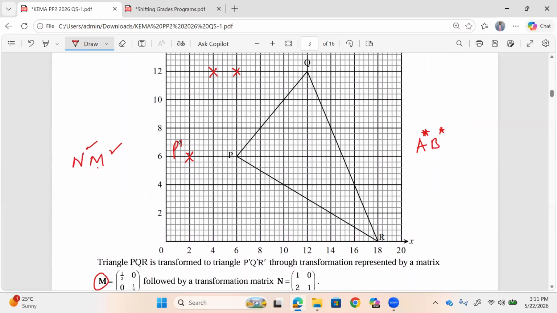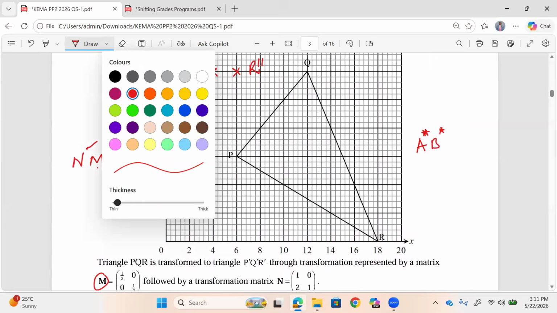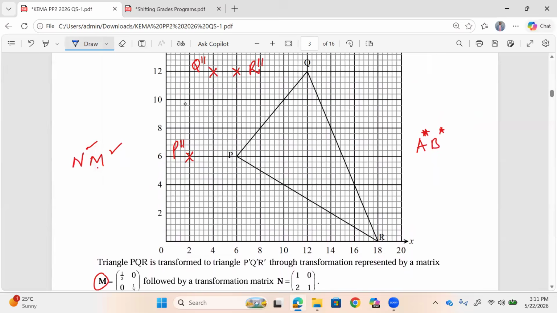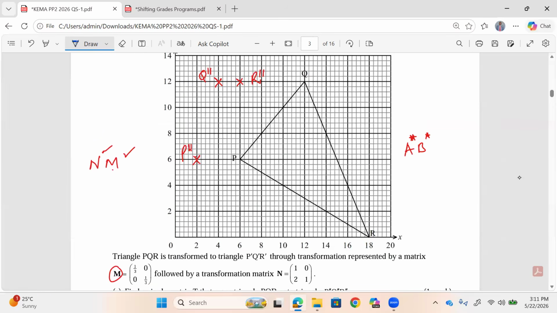So this is P double prime, Q double prime, R double prime. So we have them properly plotted. So we can join to come up with our triangle. So this is the triangle after the transformation, successive transformations.